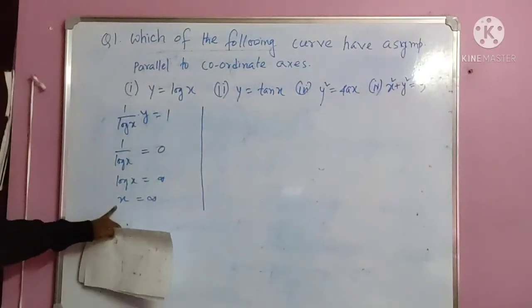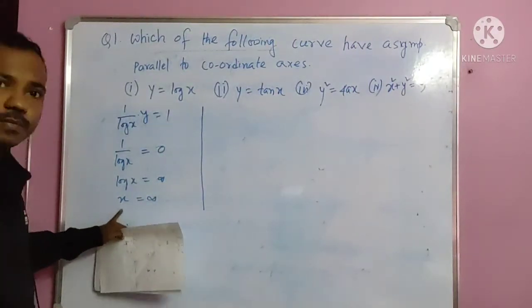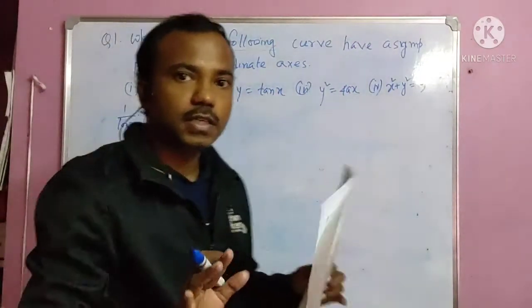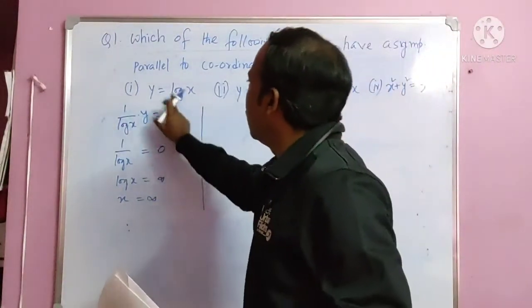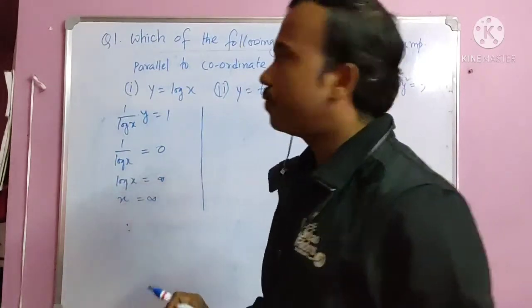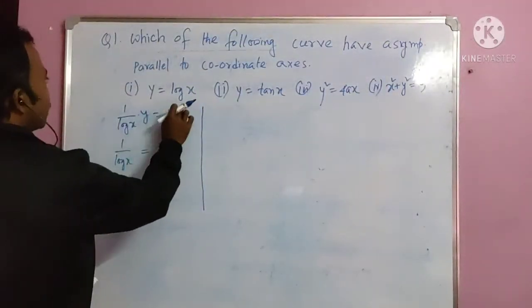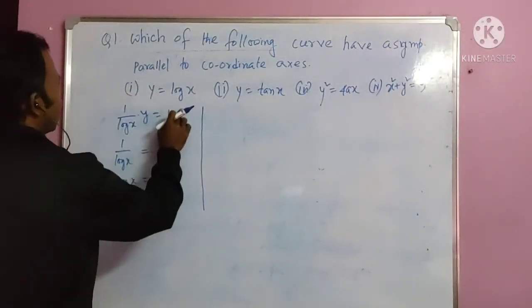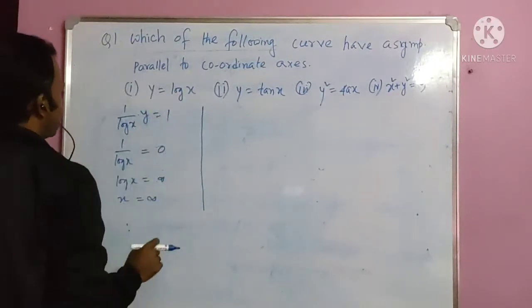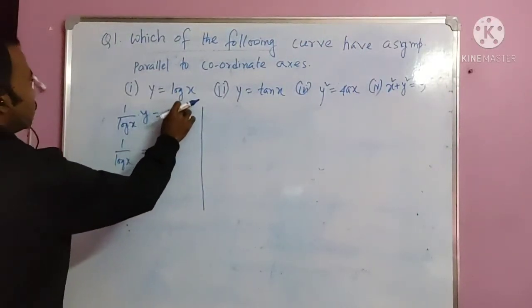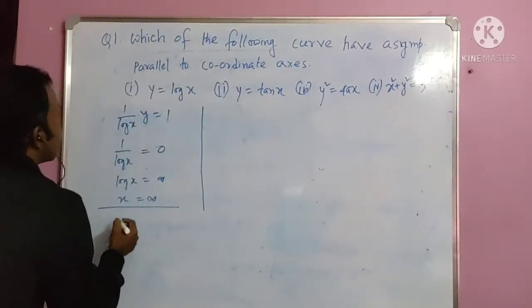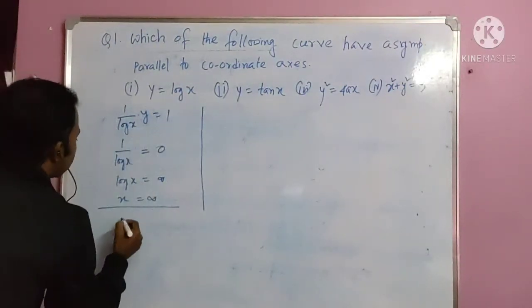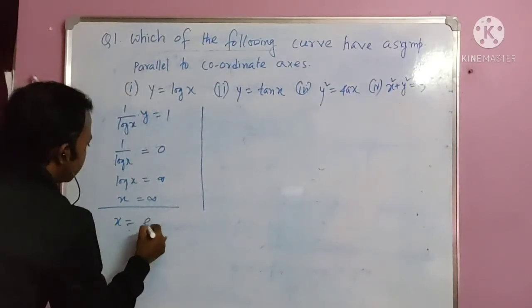Since x is not giving any finite value, there will not be a vertical asymptote. For the horizontal asymptotes, what will we do? The coefficient of x we will consider. How to consider the coefficient of x? This can be rearranged this way, x equals e to the power y.